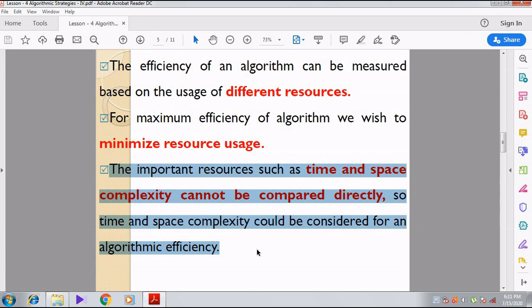The space occupied for that variable cannot be compared with the time. That is what they are saying here: the important resources, time and space complexity, cannot be compared directly. So time and space complexity could be considered for algorithmic efficiency.